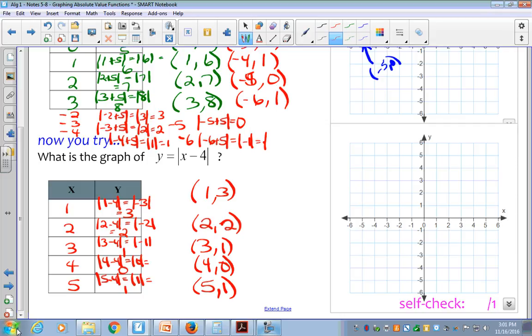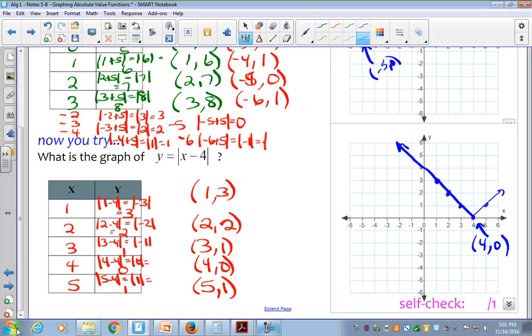So now I have all these coordinates to plot. So I'm going to go over 1 up 3, put a dot there, over 2 up 2, over 3 up 1, over 4 up 0, and over 5 up 1. So I can see that my corner happens right here at 4, 0.